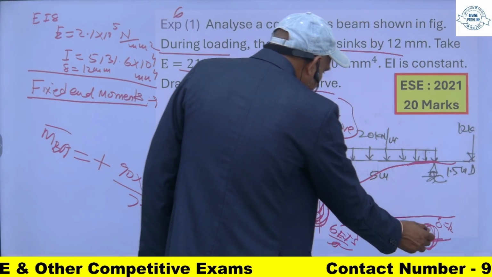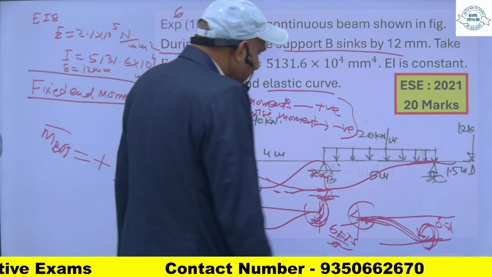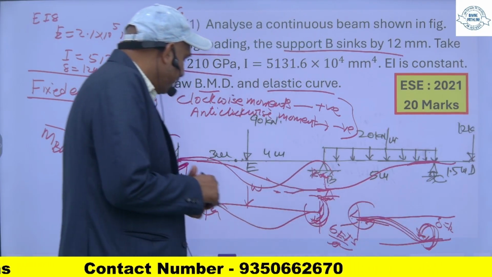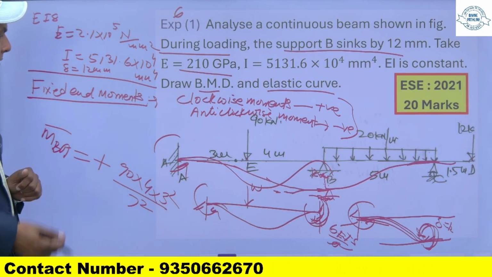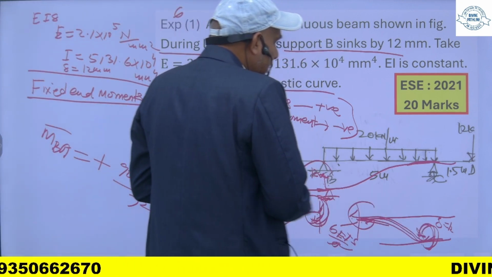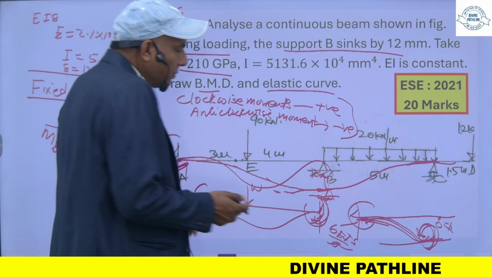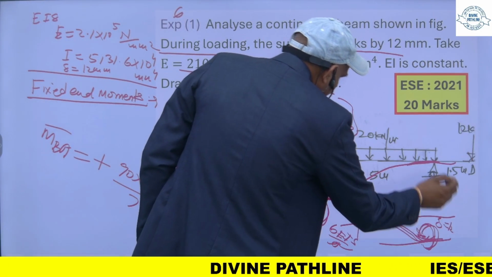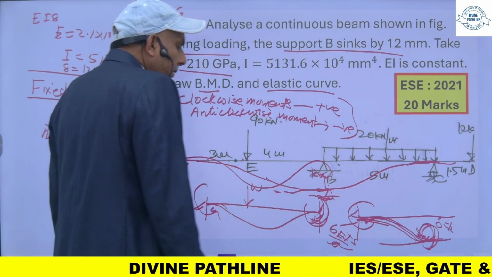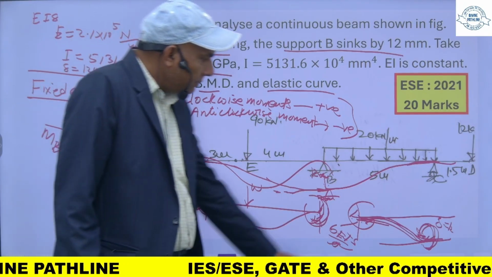So this will be negative since it is anti-clockwise. Due to this sinking, my beam will deflect like this, so it will be anti-clockwise, and this end also it is anti-clockwise. So it will be negative.